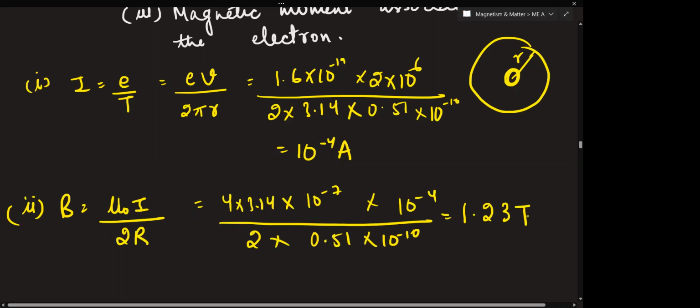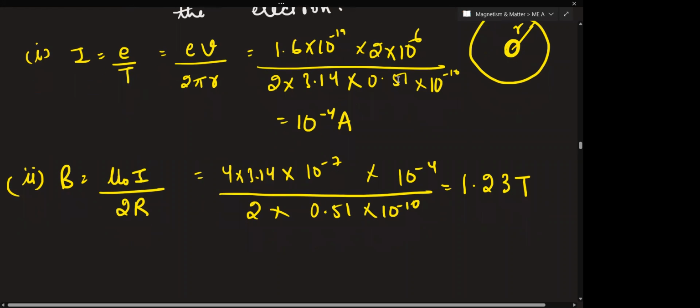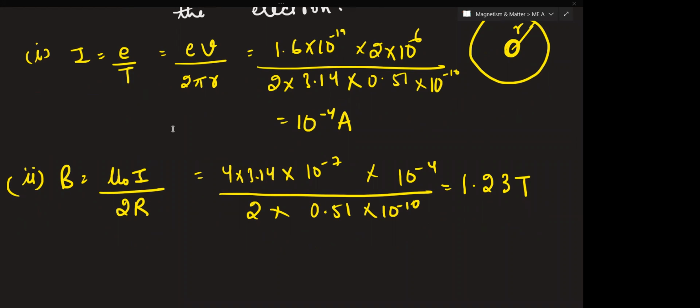Where was the mistake? Now are you able to identify it? Calculation error. I got 1.256. Remember, the magnitude is the same. I think there must be an error in the powers of 10. That's why you should get 1.256. Just see the calculation.